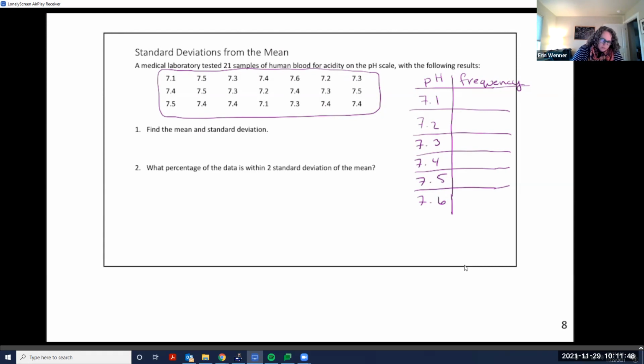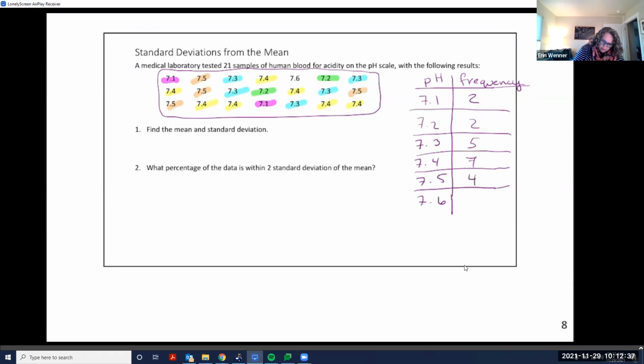If we look at our set, we can see that 7.1 occurs twice. 7.2, we have 2 of them. 7.3, we've got 5. 7.4, we have 7. 7.5, 1, 2, 3, 4.